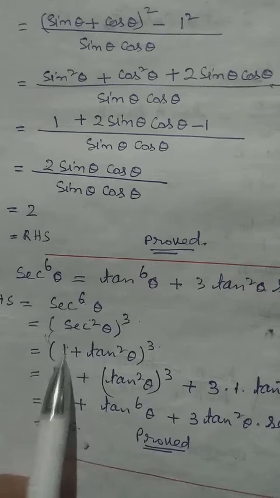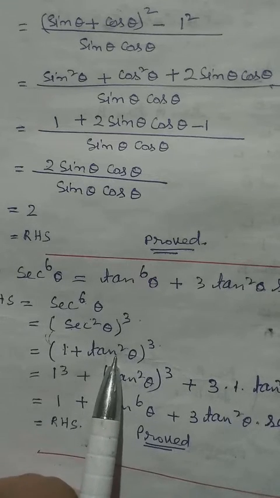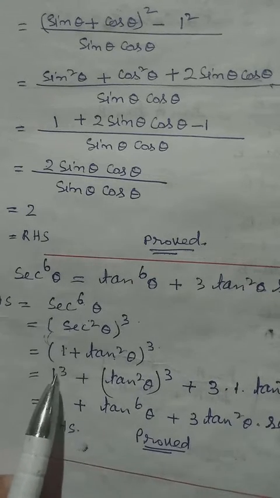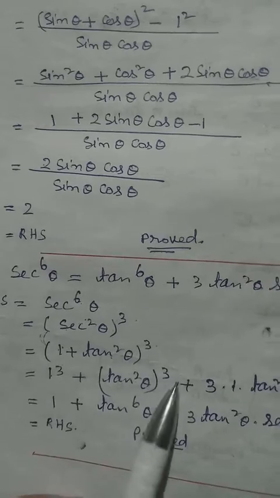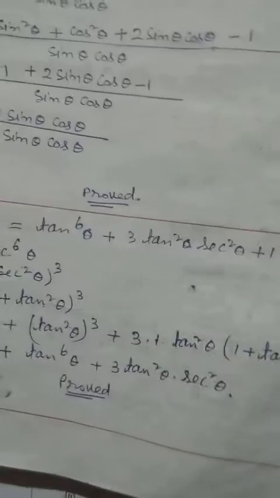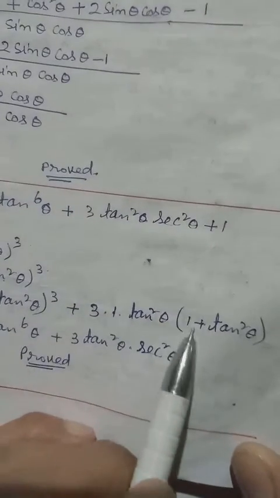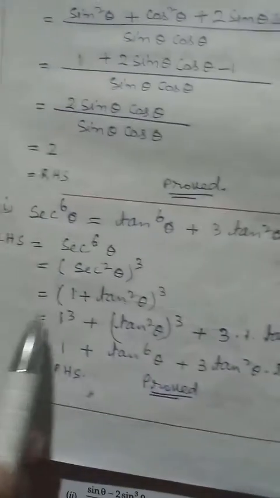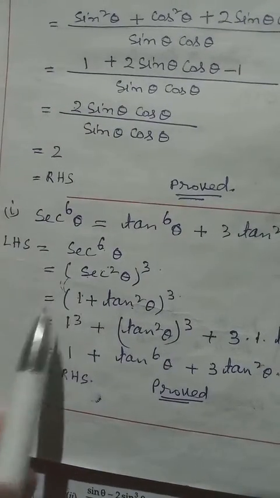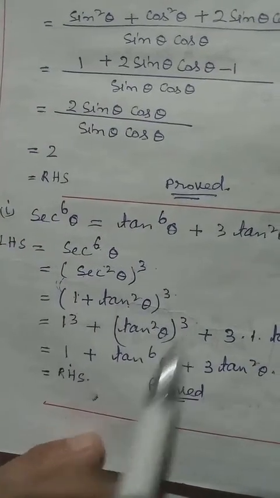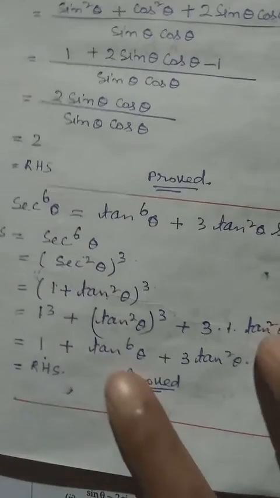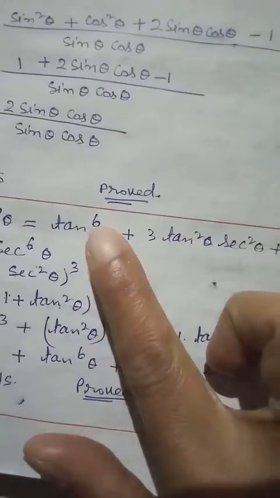Since we have whole to the power 3, we can apply the formula (A + B)³. Your A is 1, your B is tan²θ. So it becomes A³ + B³ + 3AB(A + B). Then 1 into 1 into 1, 1, 2 into 3, 6. Then this one no need to change because we want tan⁶.